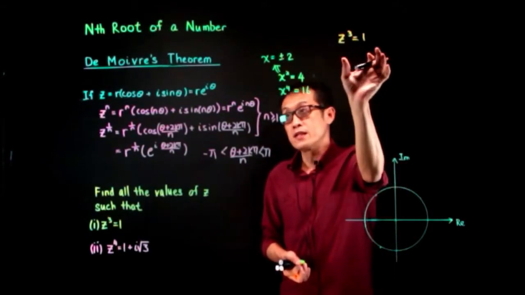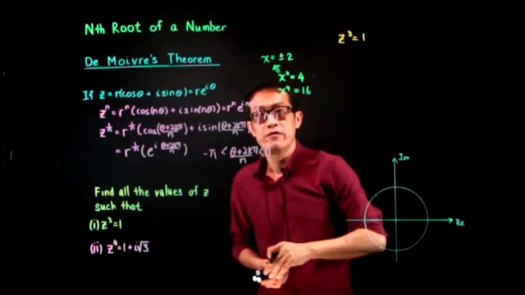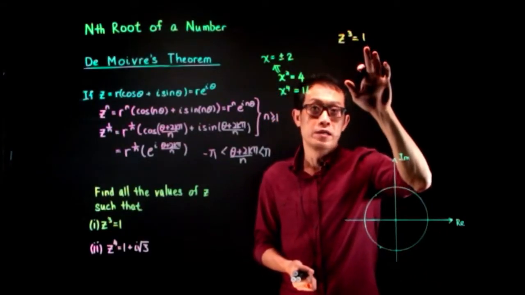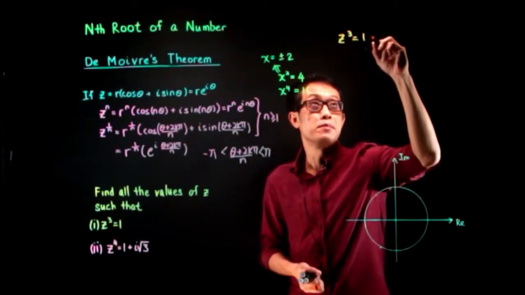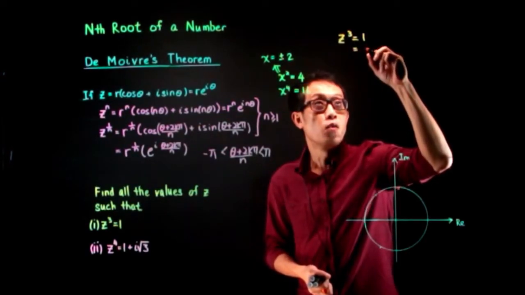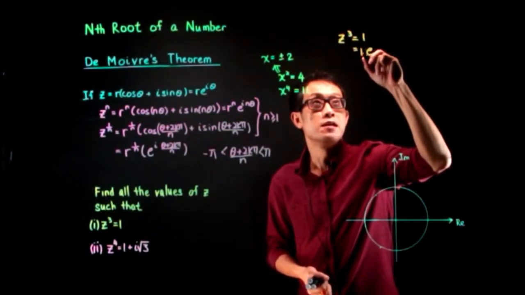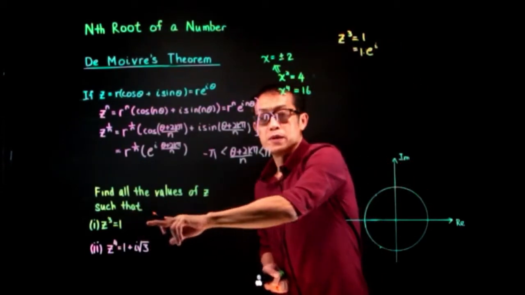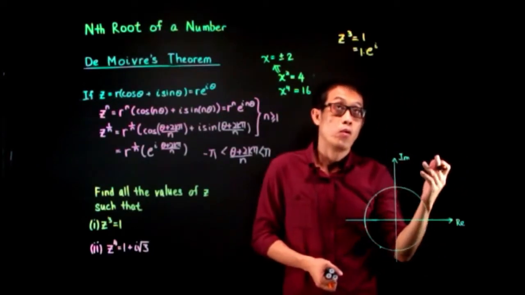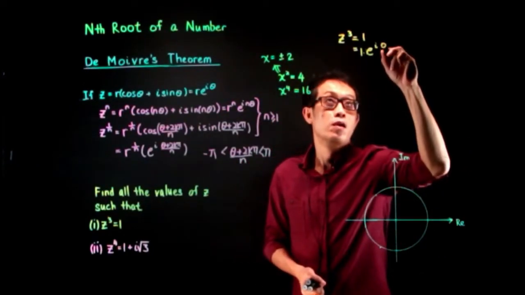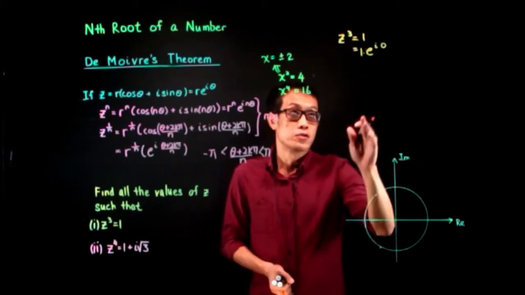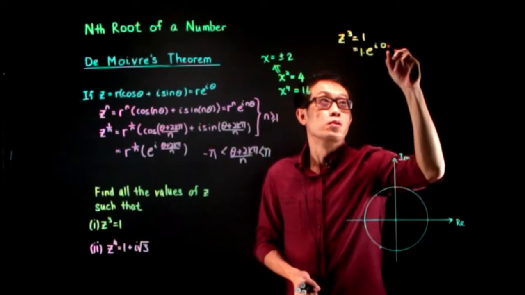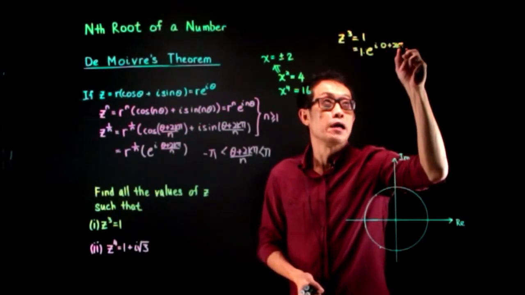We try to express this in polar form or Euler form. What is the modulus of 1? It is still 1. So this can be rewritten as 1 times e. What is the argument of 1? It is 0. So you don't forget to add 2k pi.